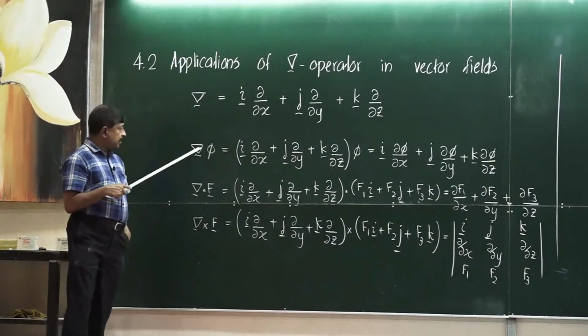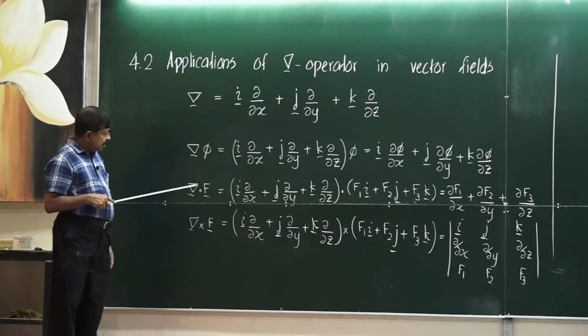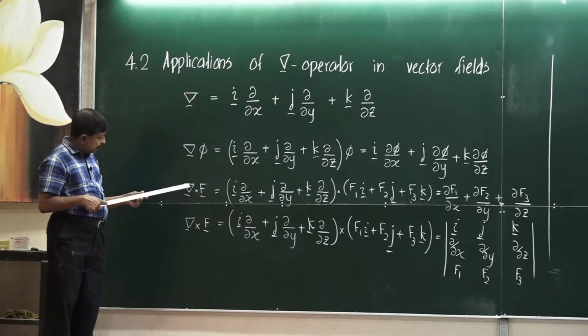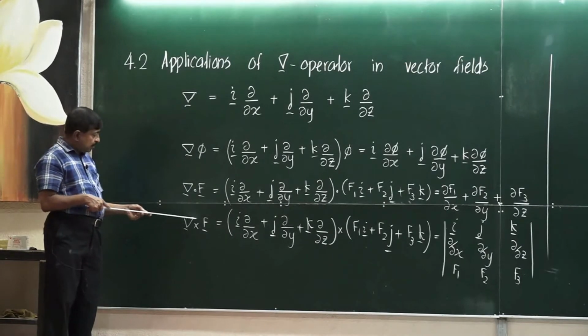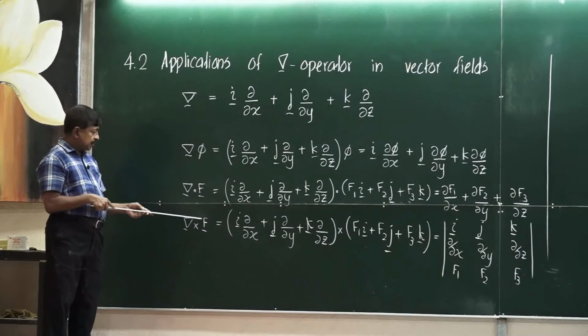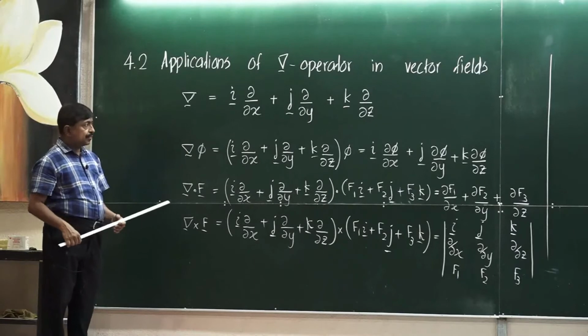We first take grad phi. Then what happens when you take the dot product between this operator and a vector field, and finally, what happens when you take the cross product between the grad operator and a vector field.